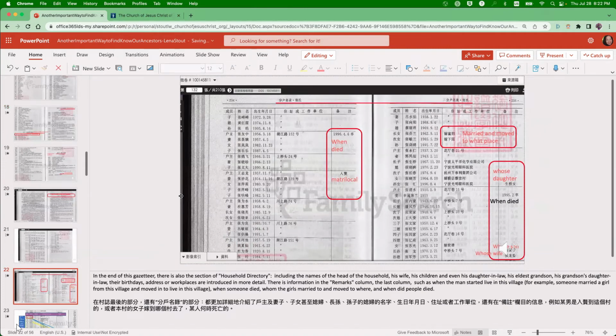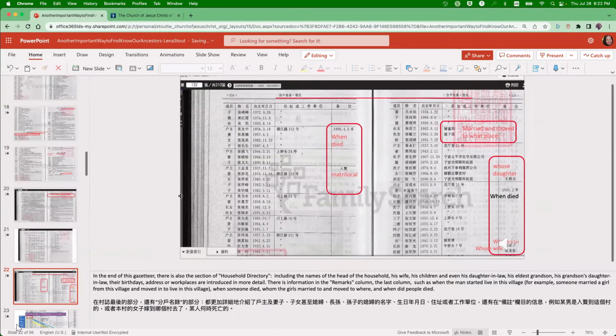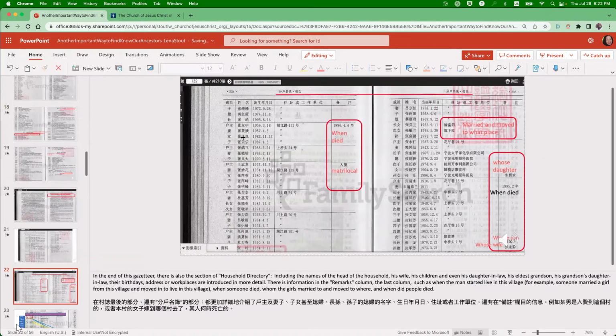Okay, this is the household part. They have the household head's name and a wife, daughter and son. There's a name, a birthday, an address or where they worked, and a remark part. They also say when they died.